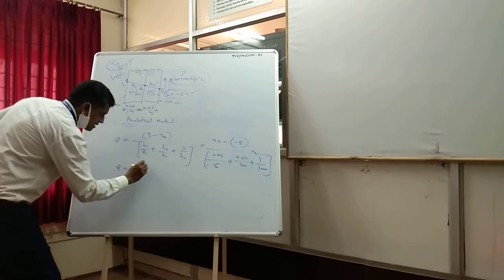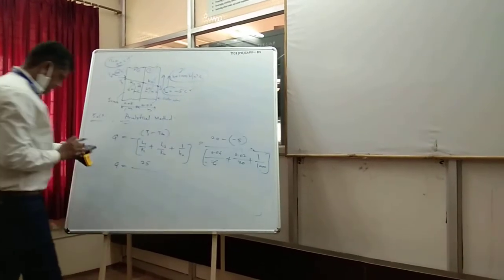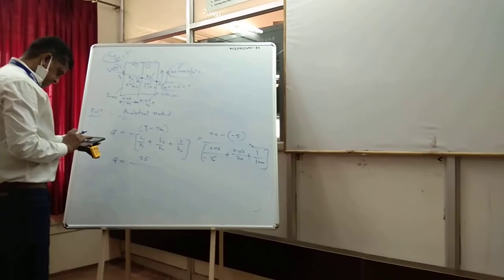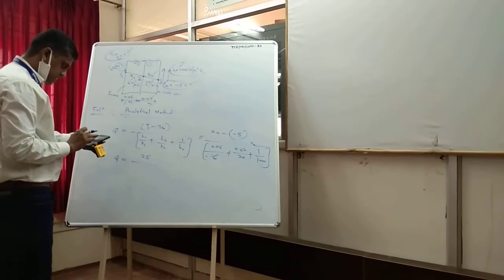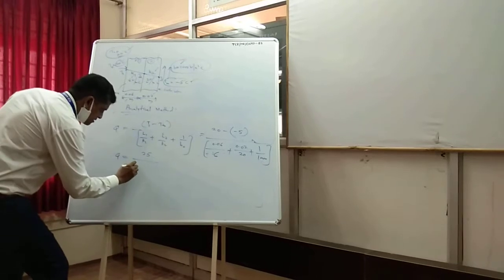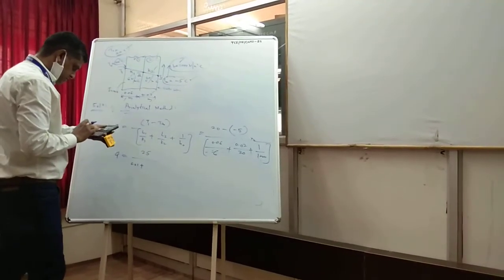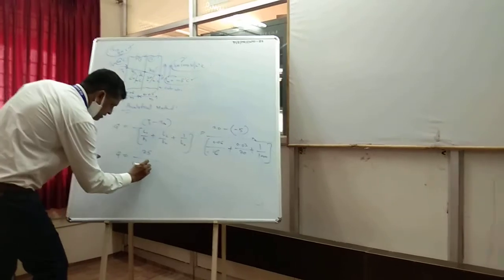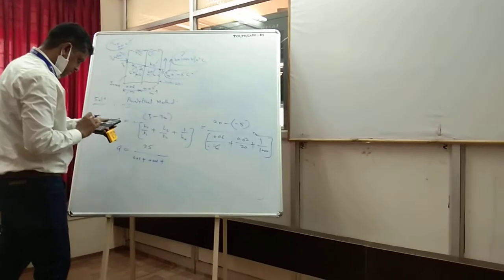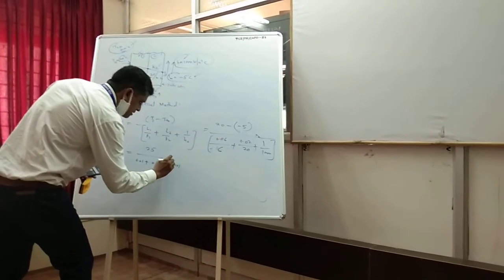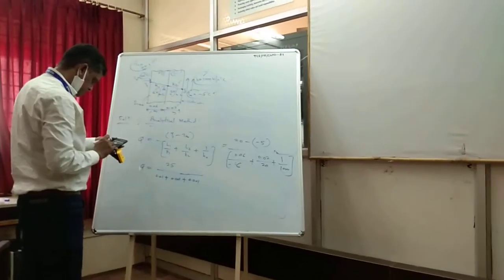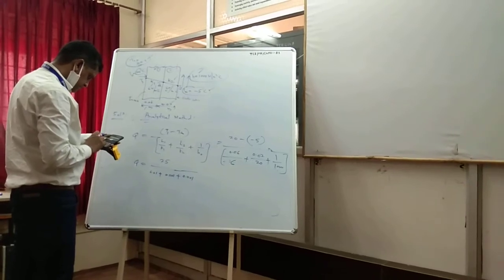Now Q we will get 20 minus of minus 5, which is 25, and we will solve 0.06 divided by 6, we will get 0.01, plus 0.02 by 20, 0.001, plus 0.001, plus 0.001, plus 0.01.